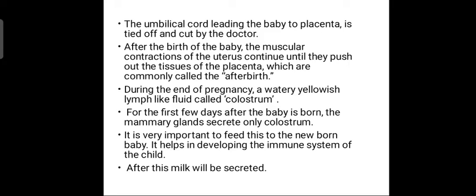For the first few days after the birth of the baby, the mammary glands secrete this colostrum. It is very important to feed this to the new baby. It helps in developing the immune system of the child and protects against attack by any disease, such that antibodies are developed in the baby from birth.